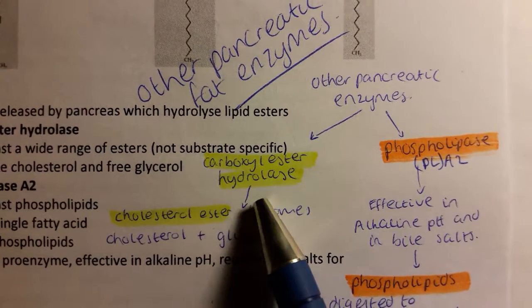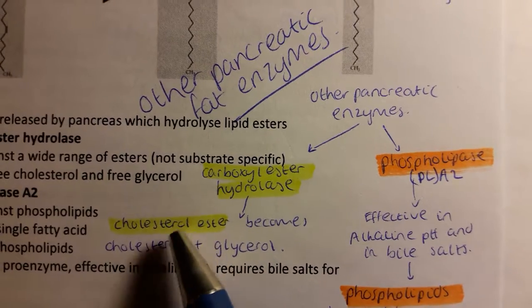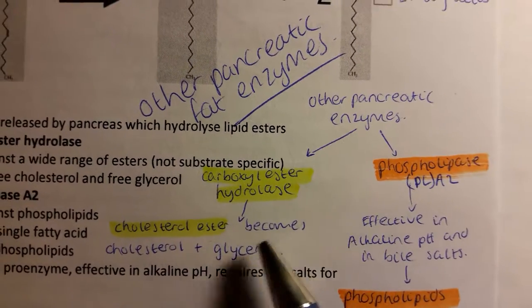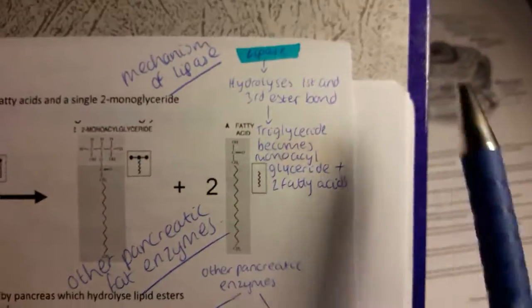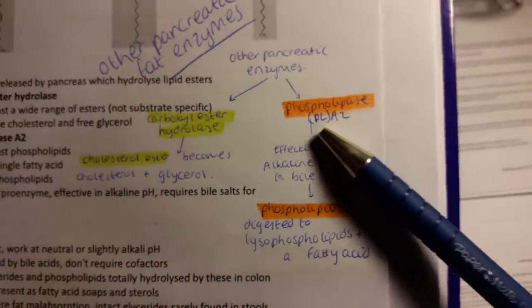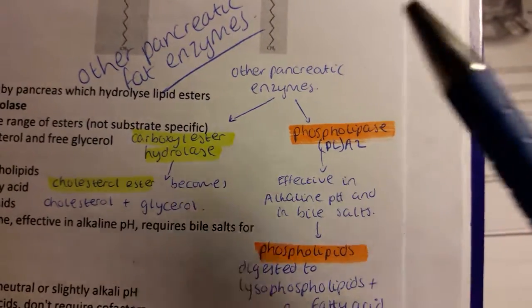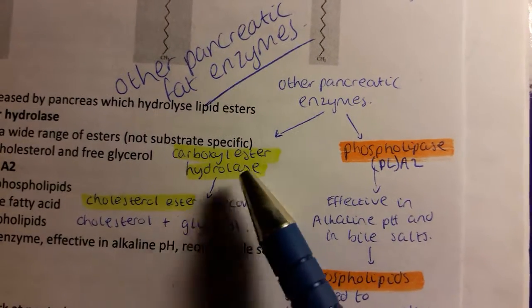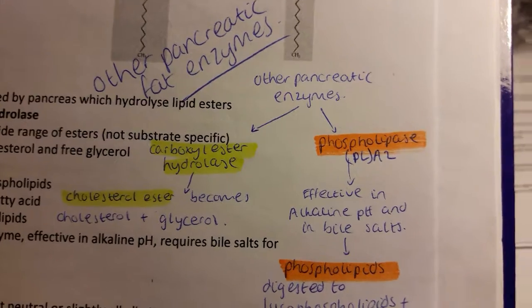Carboxyl ester hydrolase is another pancreatic enzyme, and that deals with cholesterol esters, so esterified cholesterol becomes cholesterol plus a fatty acid. So the triglycerides have been dealt with by the lipase, the phospholipids by PLA2, and the cholesterol esters by carboxyl ester hydrolase.